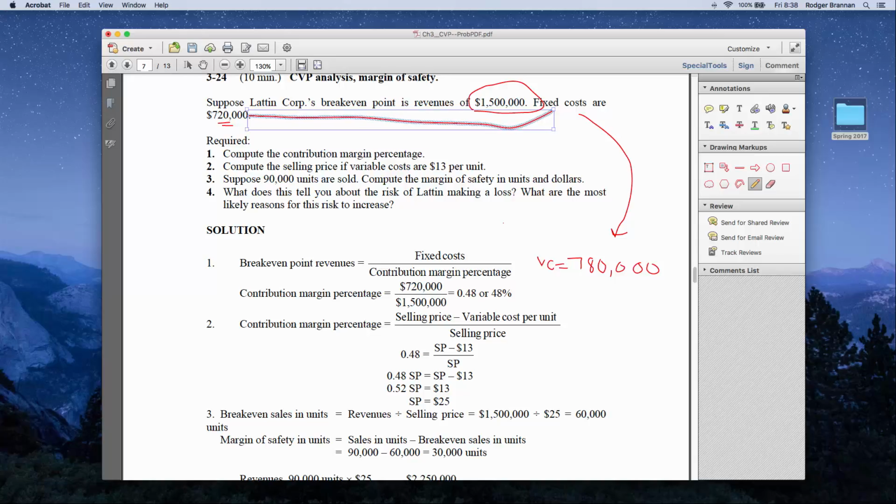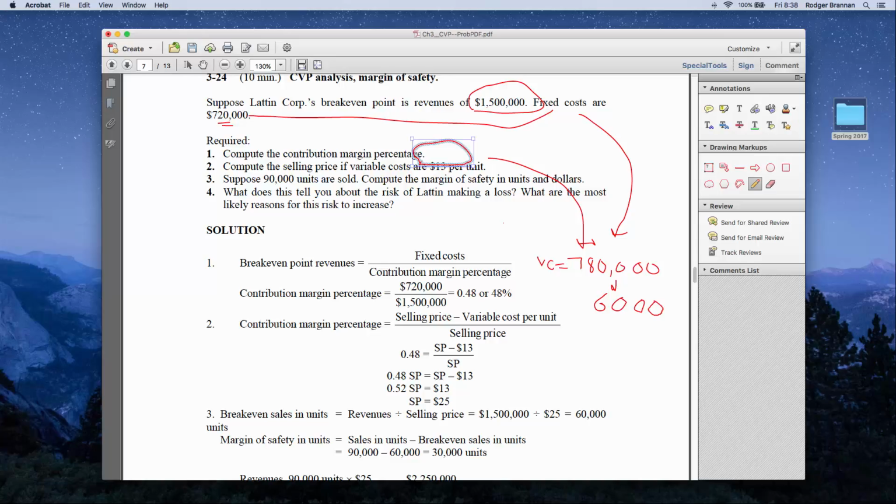All right. In my mind, there's actually a very simple way to do this that avoids a lot of the more complicated algebra. They give you the fact that variable costs are $13 per unit. Well, how about if we just take that and divide $13 into 780,000? And what you end up with is what they have here, 60,000 units.